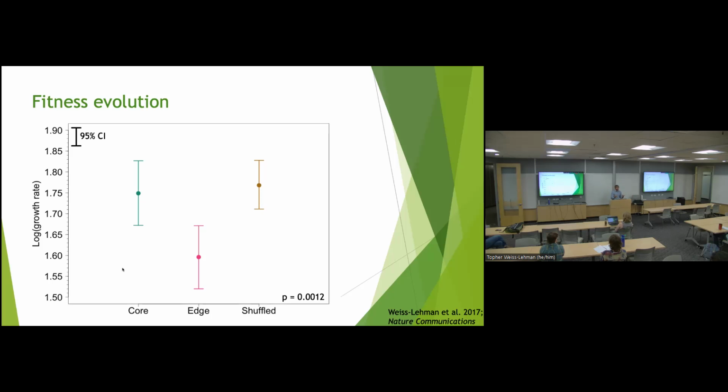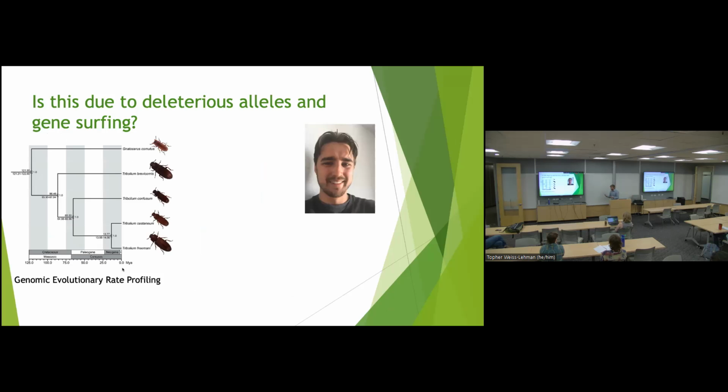But we wanted to try and find better evidence than just a matchup with this theoretical prediction. So this is a project that my current PhD student, Spencer Holtz, is working on right now, trying to identify a signature of potential buildup of deleterious alleles in these populations. For this project, he's using a technique called genomic evolutionary rate profiling.